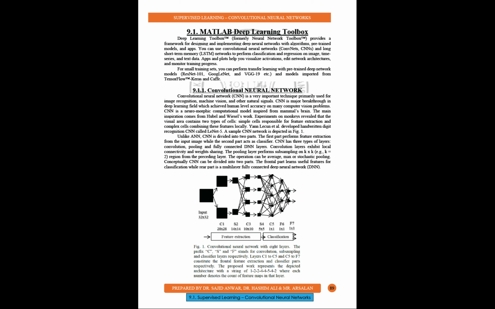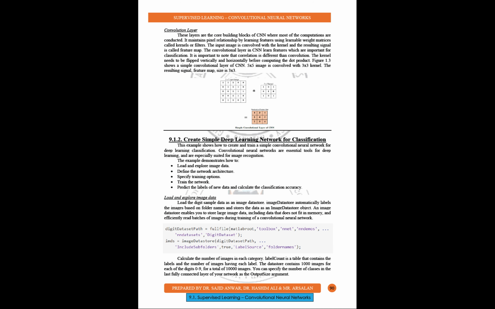So the layers C1 to C5 and C5 to C7 constitute the frontal feature extraction and classifier parts respectively. The proposed work represents the depicted architecture with a string of 1 at the input layer, 2 at the C1 convolution layer, similarly 2 for the third layer, which is a sampling layer, and so on. And each number denotes the count of feature maps in that layer.